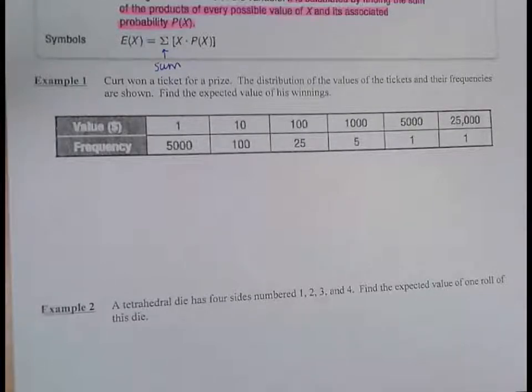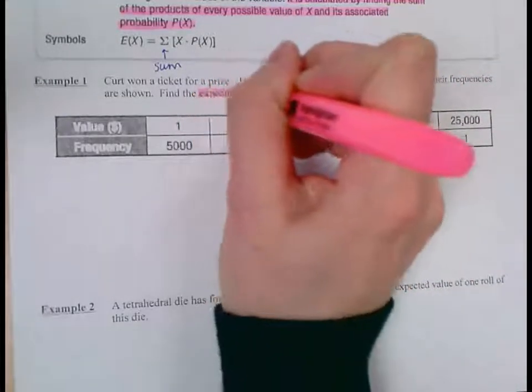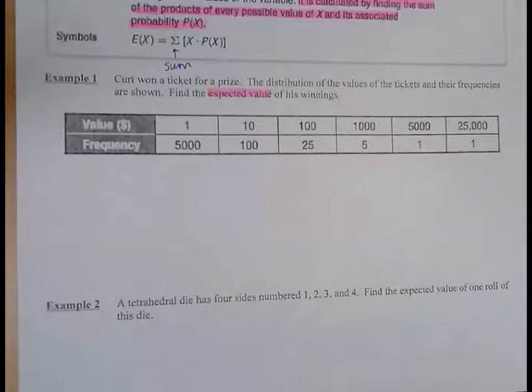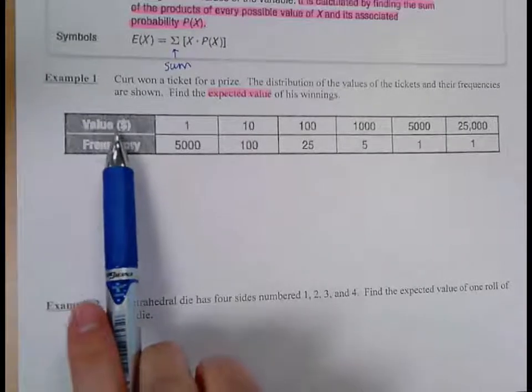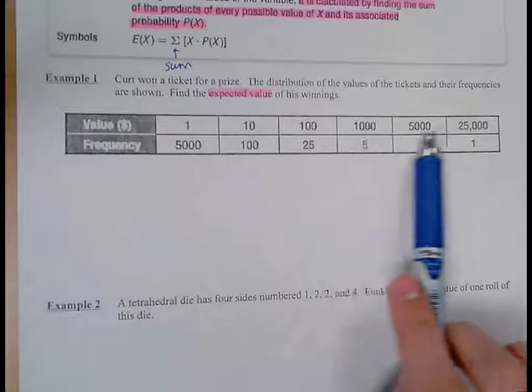So in example 1, it says Kurt won a ticket for a prize. The distribution of the values of the tickets and their frequencies are shown. Find the expected value of his winnings. So thinking of how this could be helpful information, if there's a ticket that could win a prize, these are the values of the winnings.